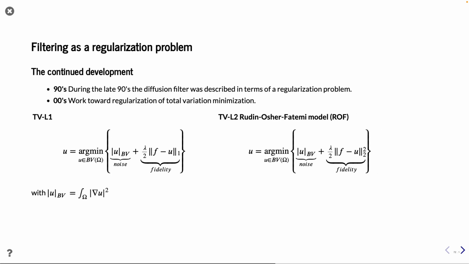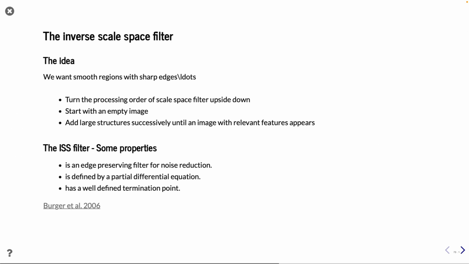Then that wasn't good enough, so people started looking into regularization techniques, and that came out with filtering where we had optimizations based on either the absolute norm or the mean squared error norm, and that turned into pretty much better filtering.